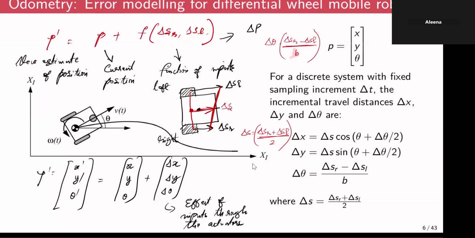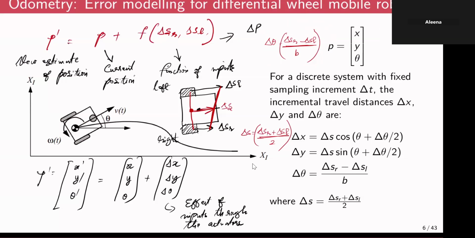And this B is nothing but the track, or the distance between the two wheels. This formula is derived from the superposition of theta equal to arc by radius.